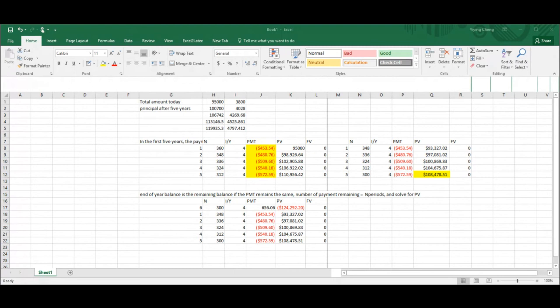Then in the third year, at the beginning, again we take 970,881 multiplied by 1.06 to get 102,905.88. And so on and so forth.